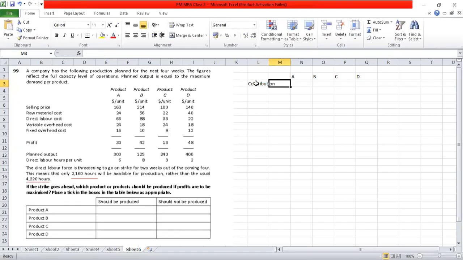Contribution per unit. Since the data is also per unit, we can find out what is contribution per unit. How much is it for A? Simple step is we can calculate it as fixed cost plus profit. Sales minus variable cost is equal to contribution. Contribution is equal to fixed cost plus profit.